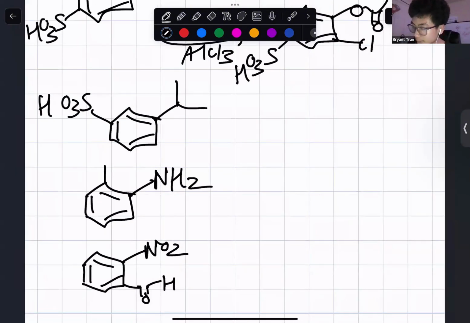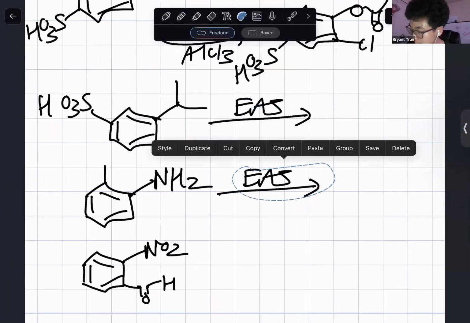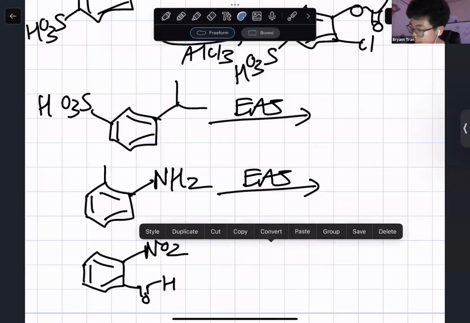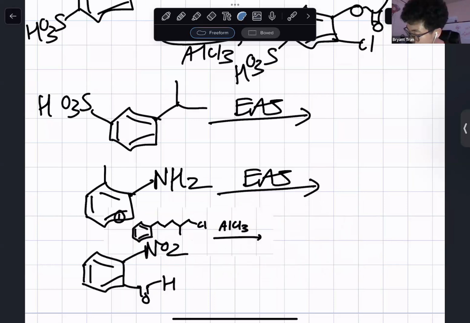Okay, so let's say we have these 3 rings, and we try to do an EAS reaction to all of these 3 here. And the problem here is going to ask you which group is going to be the directing group. Right, let's look at the first one here.